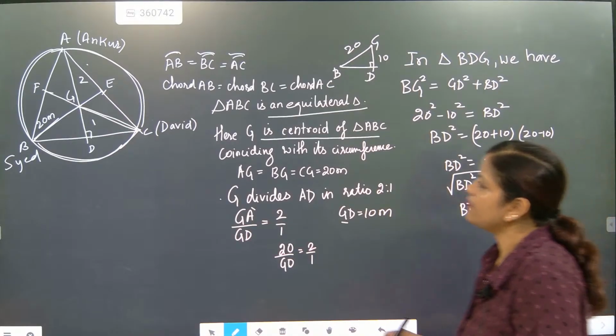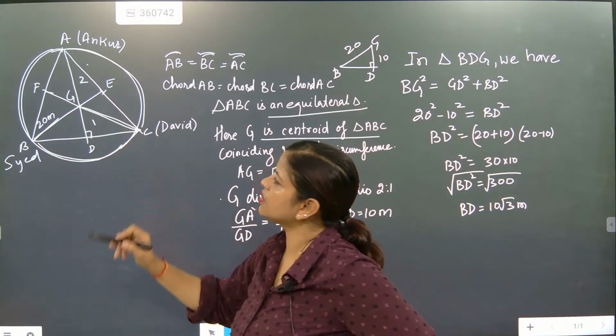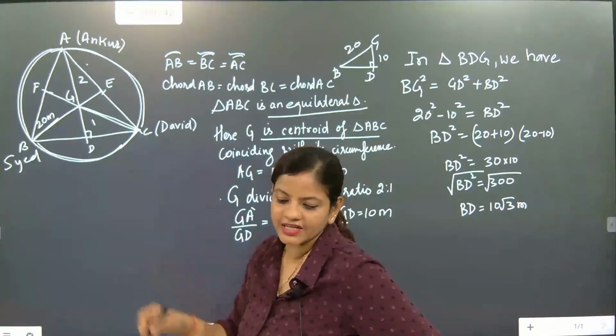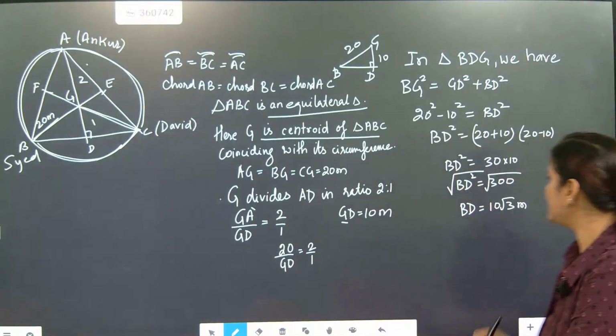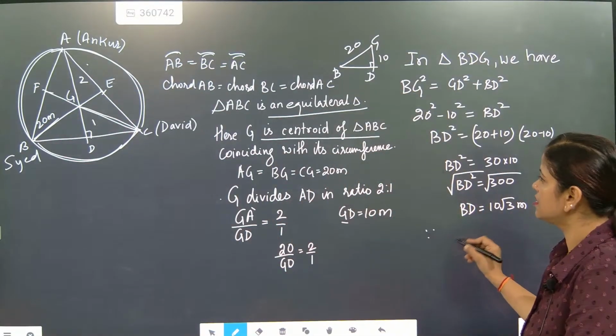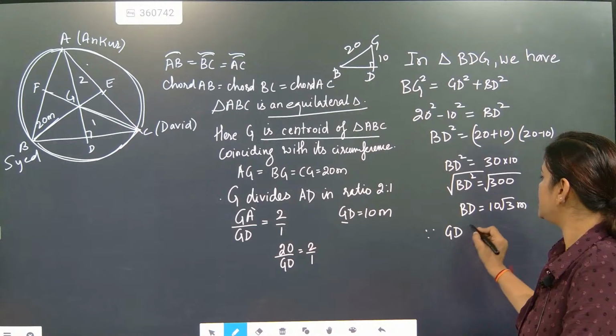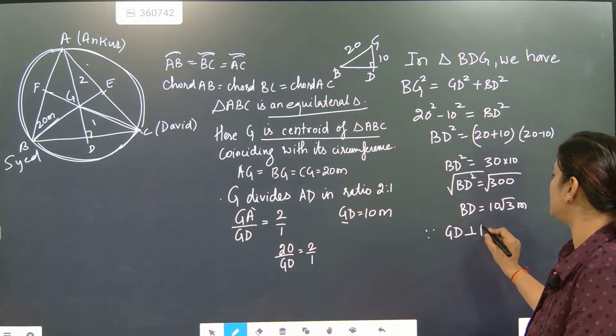And we know that the line drawn from the center of the circle to the chord bisects the chord. So we will write this. Since GD is perpendicular to BC. Why, beta?